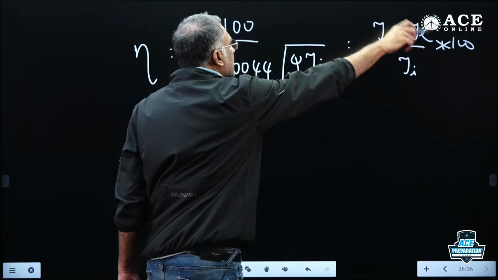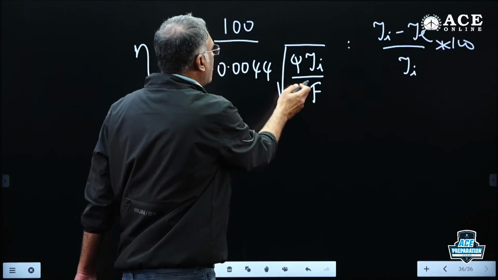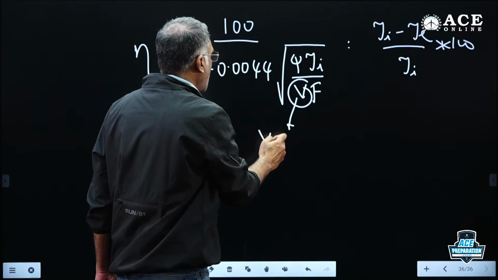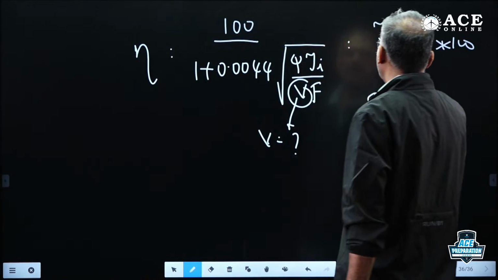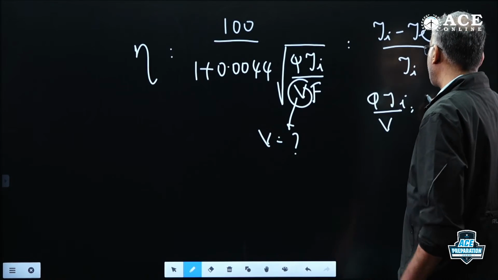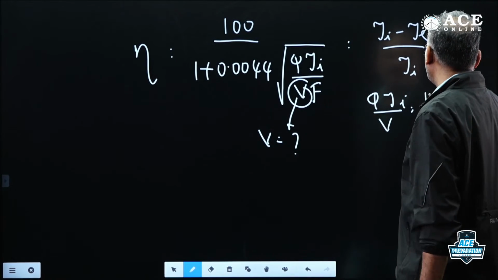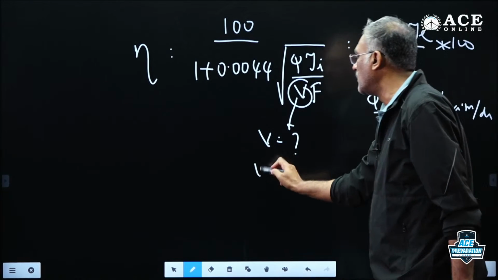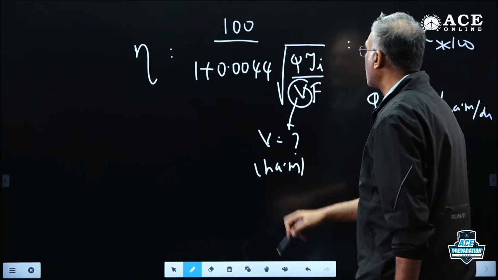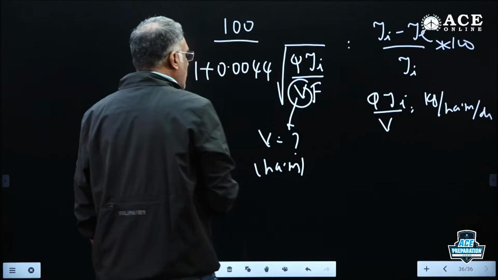Or sometimes this information is given to you, and you are expected to find out the volume of the aeration tank, volume of the trickling filter. Normally this Q into Yi by V value is an empirical formula expressed in terms of kilogram per hectometer per day. So we'll get the answer in hectometer, this volume. For a given efficiency, you are expected to find out volume.